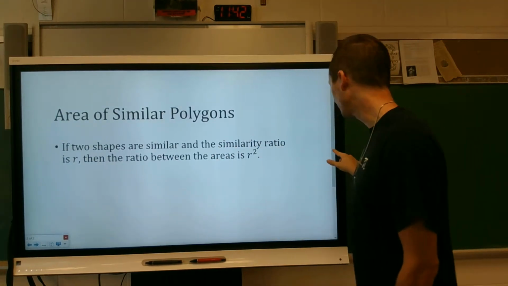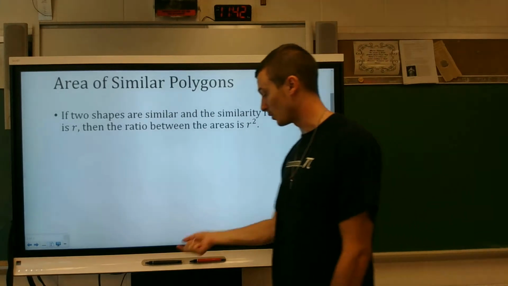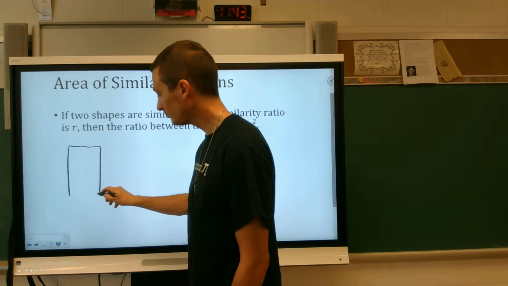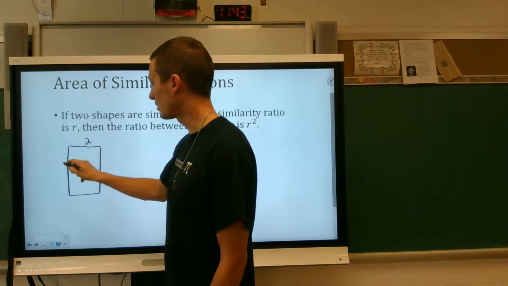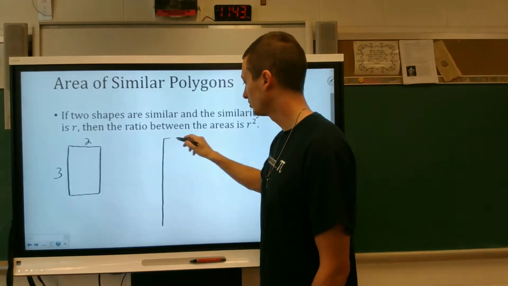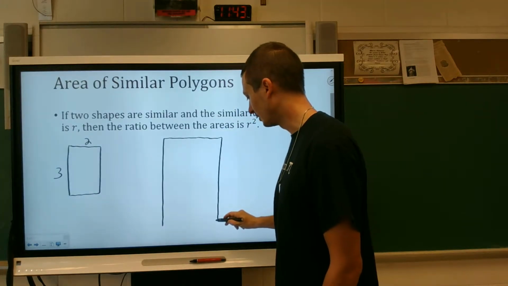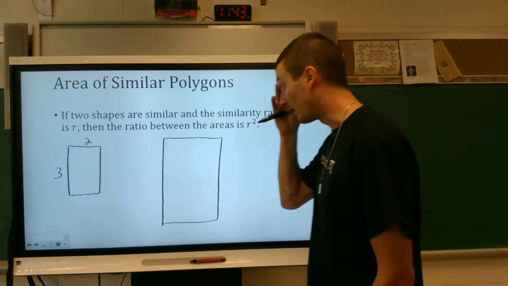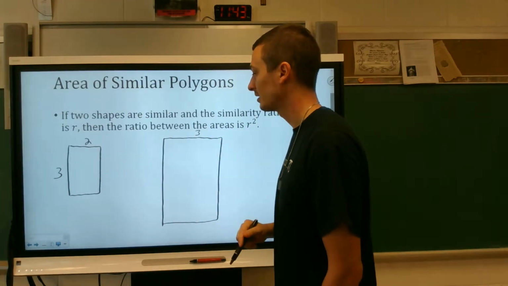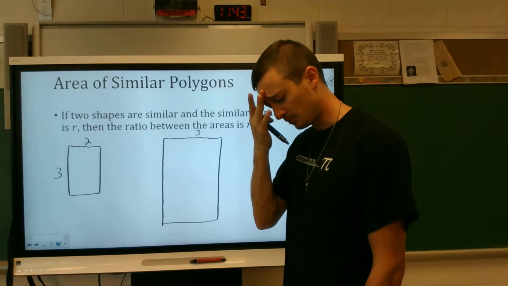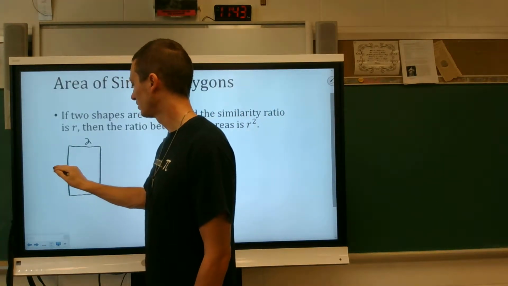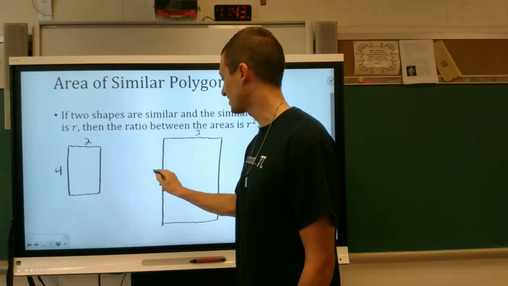So again, the easiest way to explain this is going to be with a picture, and rectangles are super easy to deal with. Let's say this is a 2x4 rectangle, then a similar rectangle, let's make this a little bit interesting, a 3 by 6.